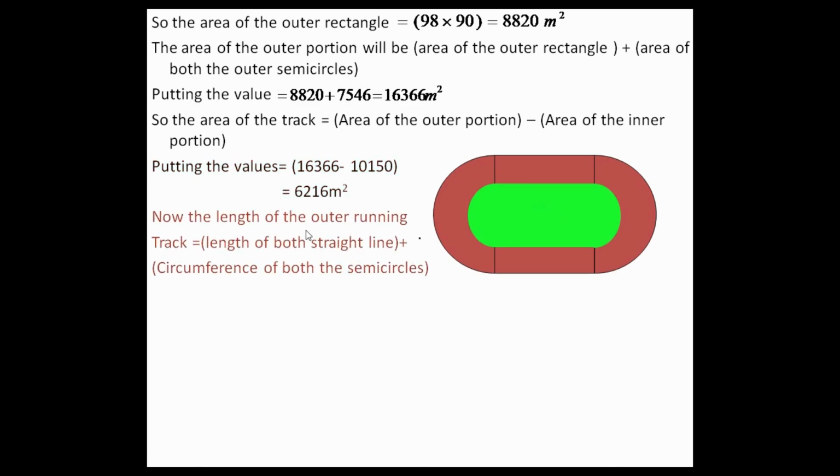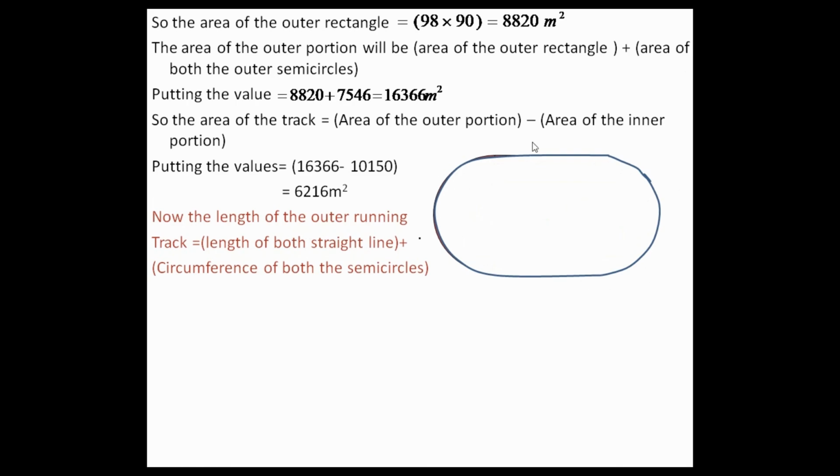So, now the question has also asked us to find the length of the outer running track. What is the length of the outer running track? This blue line is the length of the outer running track. So how will I find this length? It's simple.